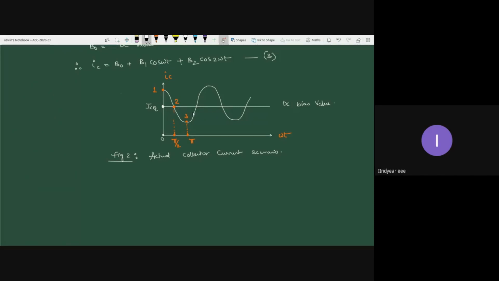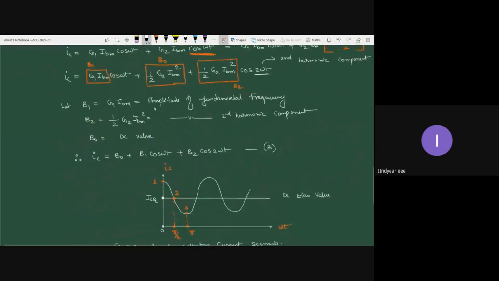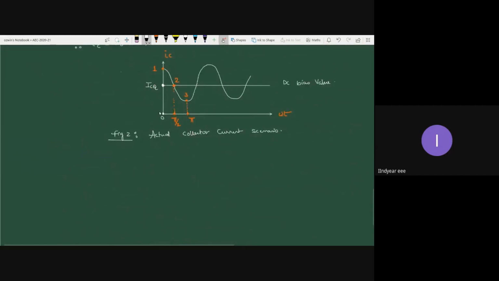Now, in the previous equation, we just considered IC equal to some nonlinear equation, and nowhere did we consider the quiescent value, right? But in transistors, there exists a quiescent value of current also.